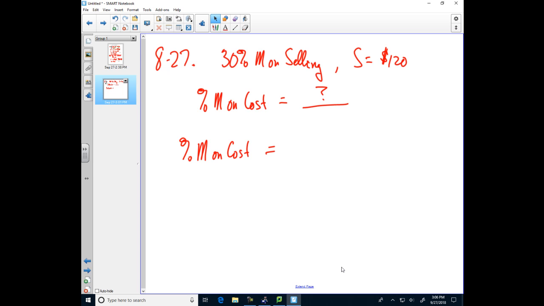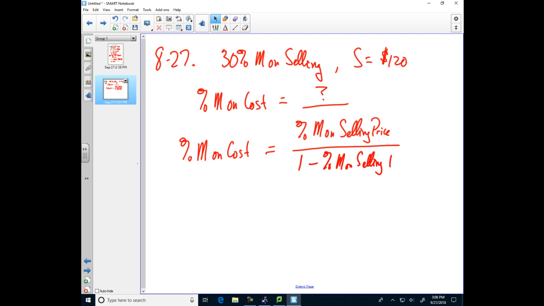Notice they've got percent markup on the selling price divided by 1 minus percent markup on selling price.